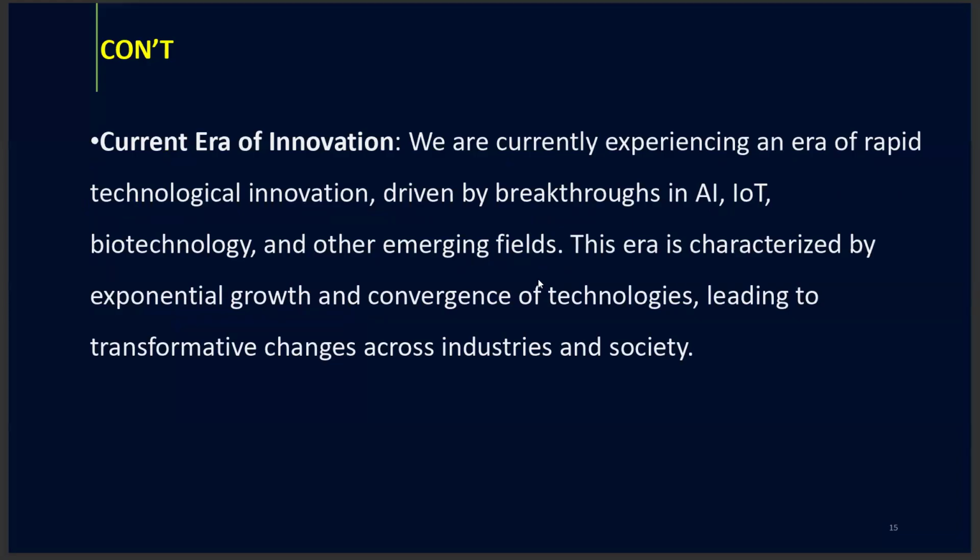Okay. Then we also look at the current era of innovations. Like nowadays, people are talking so much about AI. Actually, AI has been the talk since 2023. Now we are in 2024. We're still going to hear what is going to be the talk.